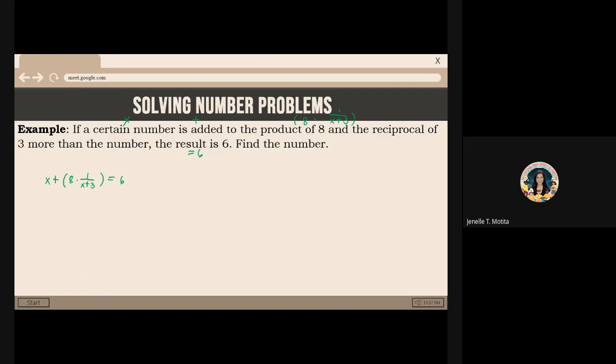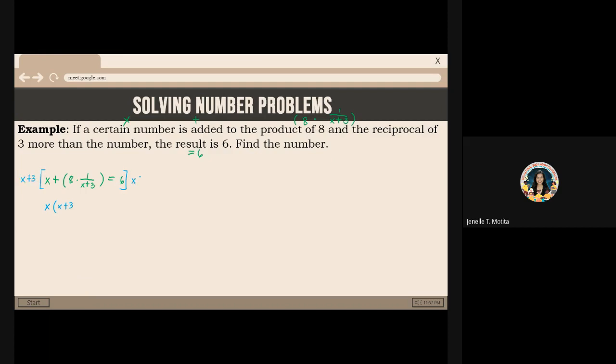So we got one denominator in here. So we may multiply all terms by x plus 3, since that is the least common denominator. So let's multiply each term by x plus 3. You can have it like this, and visualize it, this one, x plus 3.